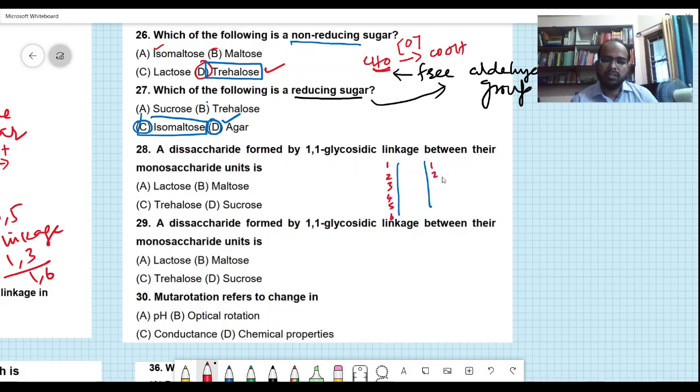In the second chain also, we have 1, 2, 3, 4, 5, 6 carbon atoms. Now the linkage is usually 1,4 or usually 1,5. Here the linkage is 1,1, and that linkage may not be in your syllabus, but the answer is, I think, trehalose again. So this is a kind of sugar which has a 1,1-glycosidic linkage.